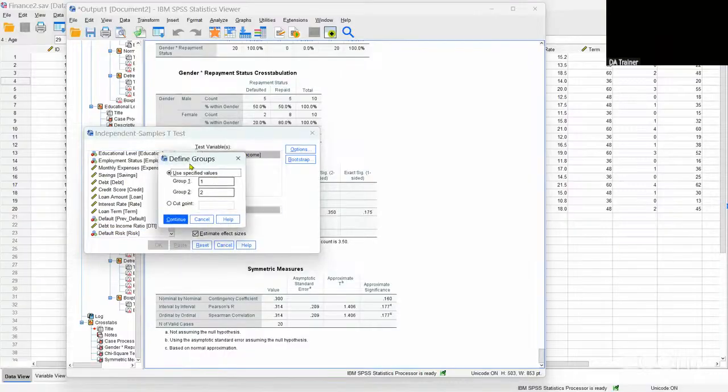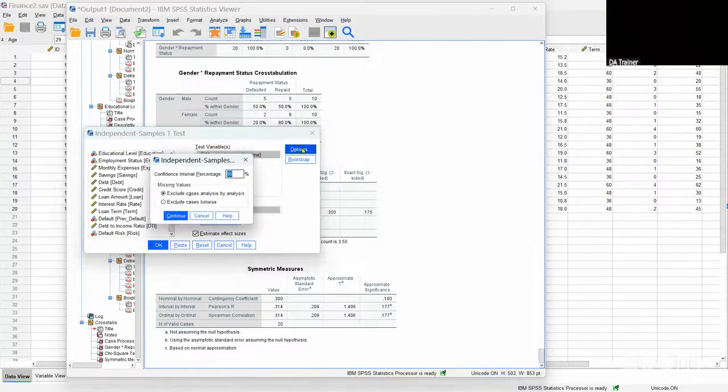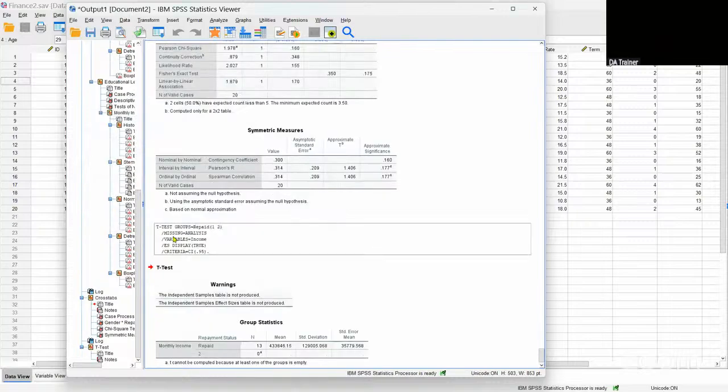Define the groups, yes, and then click on continue. After defining the groups, click on OK. Let me check this option first. Okay, 95, correct. Now, click on OK.